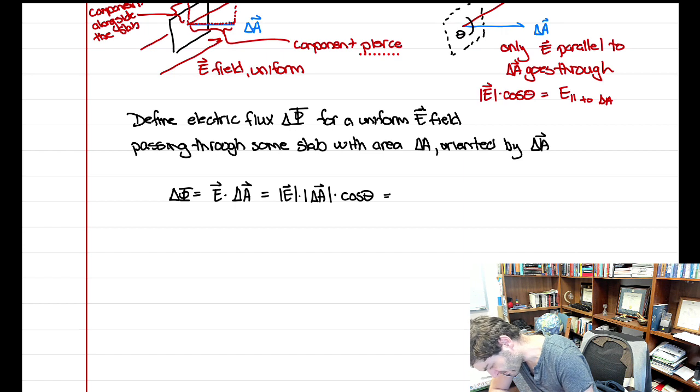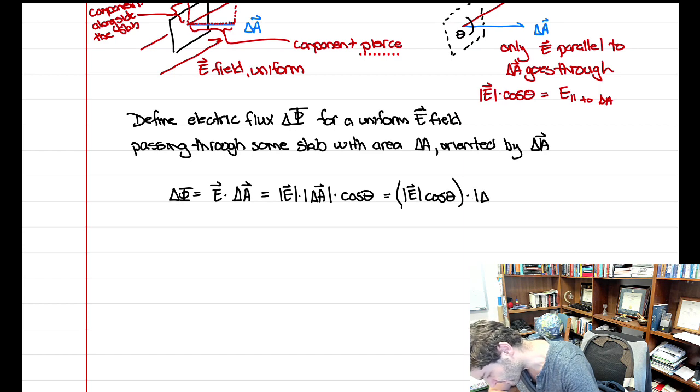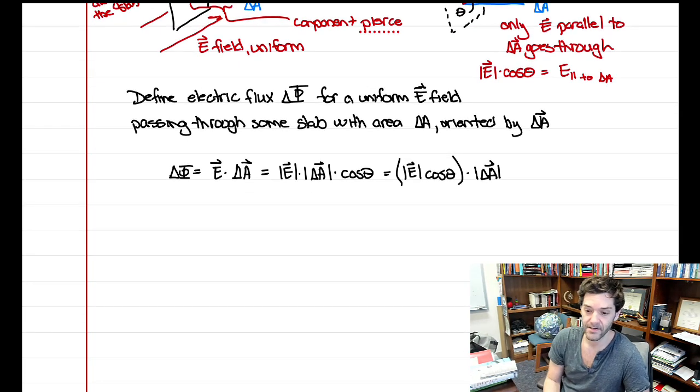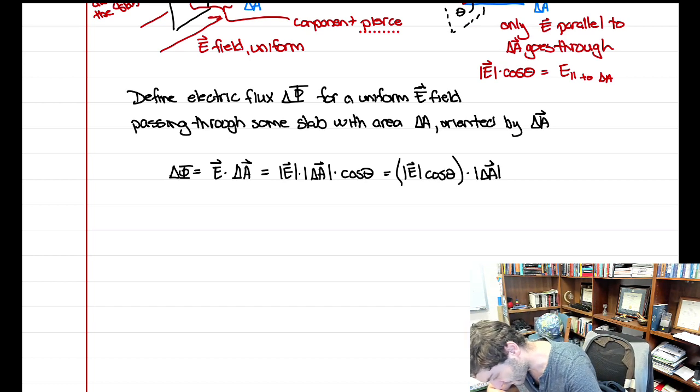Let me rearrange it a little bit, as I'm going to write this as E, the magnitude of E, times the cosine of the angle between them, all multiplied by the magnitude delta A. Because then this electric flux definition really is telling us the exact same thing.